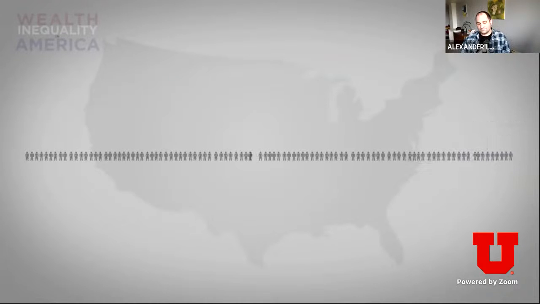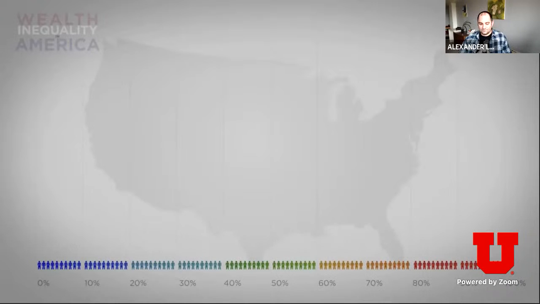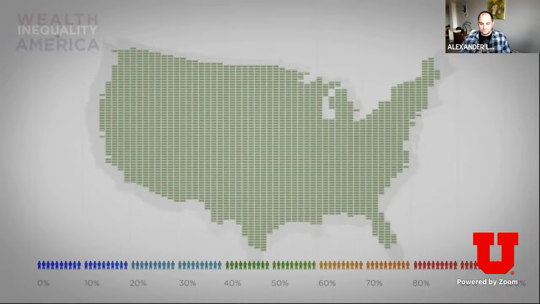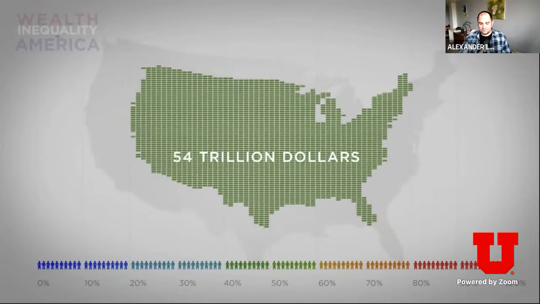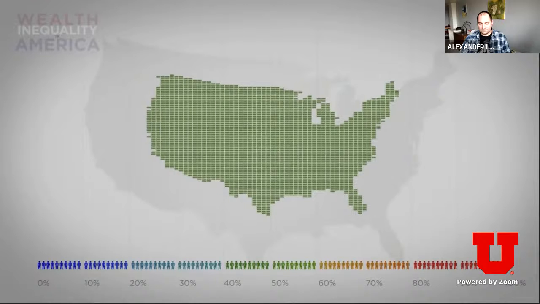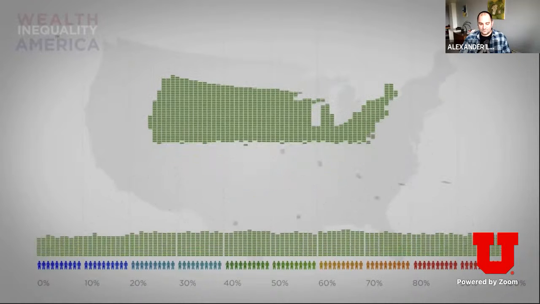Now let's line them up according to their wealth. Poorest people on the left, wealthiest on the right, just a steady row of folks based on their net worth. We'll color code them like we did before based on which 20% quintile they fall into. Now let's reduce the total wealth of the United States, which was roughly $54 trillion in 2009, to this symbolic pile of cash. And let's distribute it among our 100 Americans.